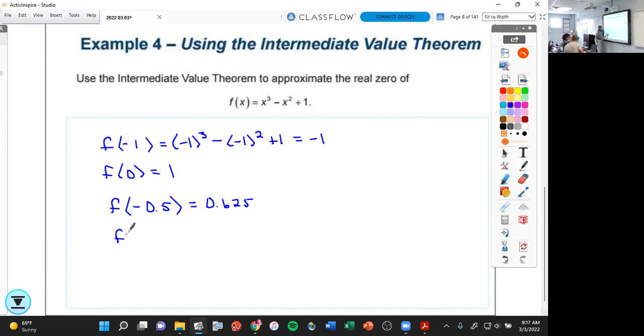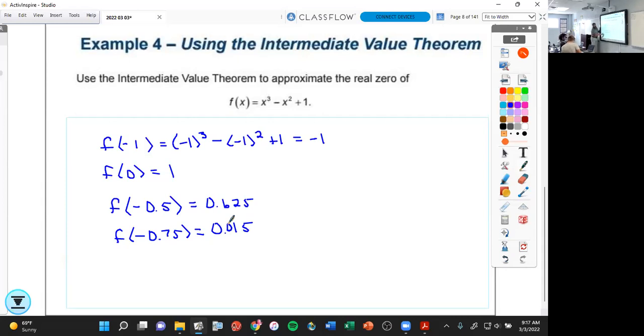Okay, f of -0.75. 0.15. Okay, so we're pretty close to it right there.